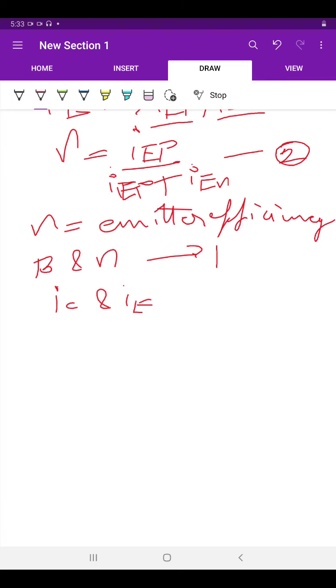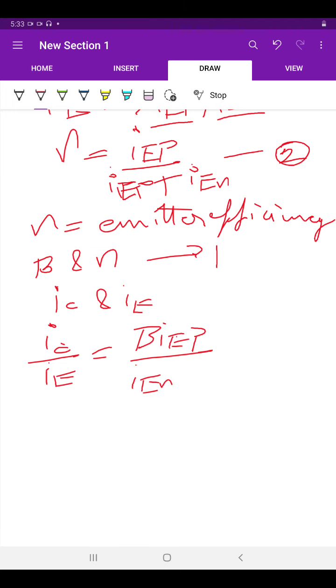So the relationship between this collector current and the emitter current, it's not the whole current. The relationship between the collector current and the emitter current is given by this particular equation: IC divided by IE is equal to B into IEP divided by IEN plus IEP.